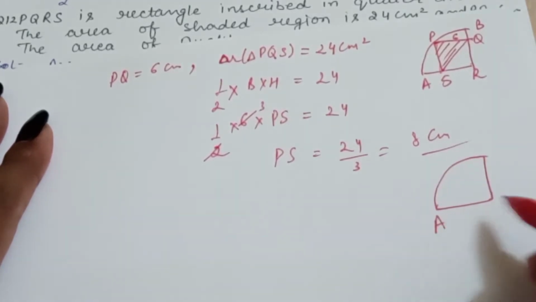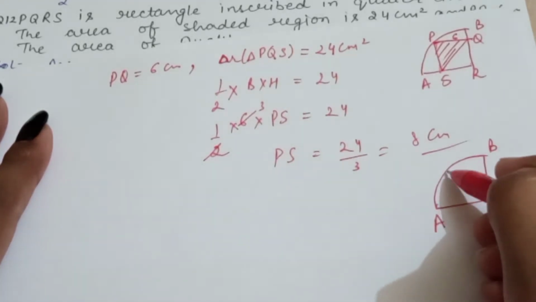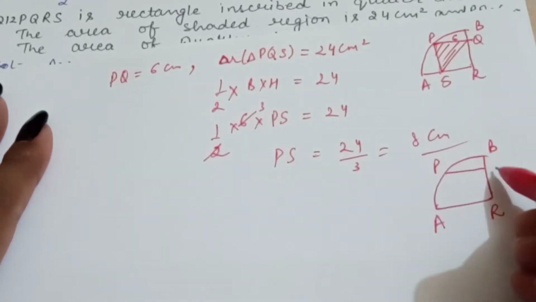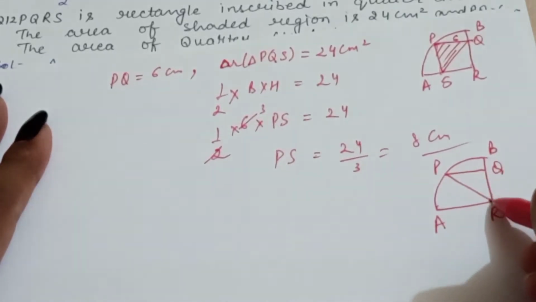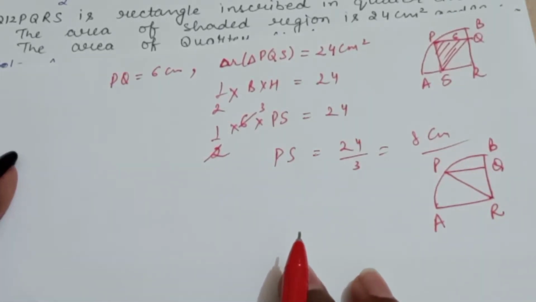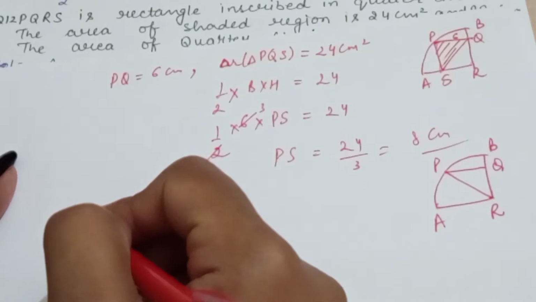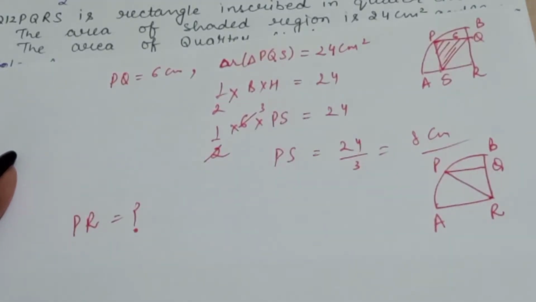This is A, R, B. Okay, this is P, Q. If we join PR, then it will become our radius PR. We have to find PR here.